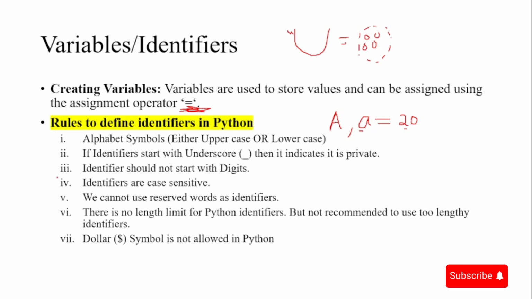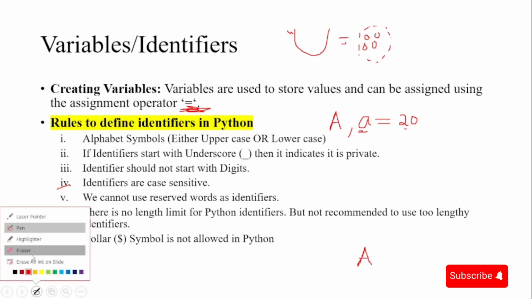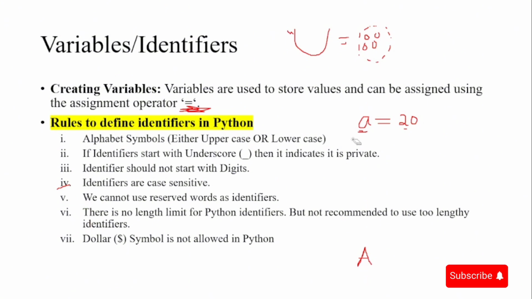But these variables are case sensitive. That takes me to the fourth rule. What I mean is, if I defined my variable as a lowercase, and then I try to call it using an uppercase, I will get an error, because I used the lowercase a.